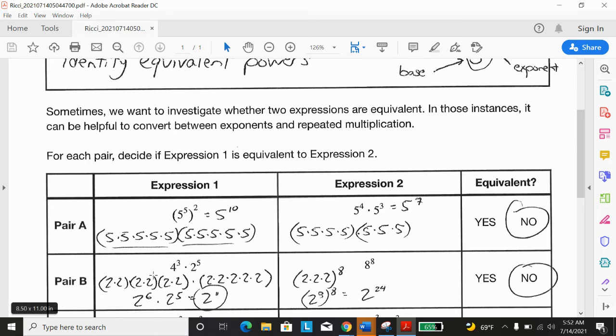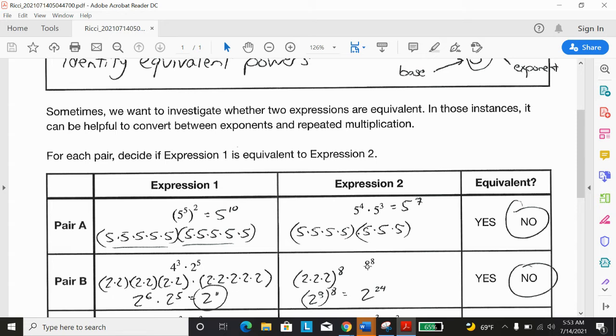So I did 2 times 2, but I did it 3 times because there are 3 factors of 4. So here's 1 factor of 4, 2 factors of 4, 3 factors of 4. And then I wrote out 2 5 times. Once I saw that, I realized I actually had 11 factors of 2. I didn't even need a calculator to figure out this value. It's 2 to the 11th power.